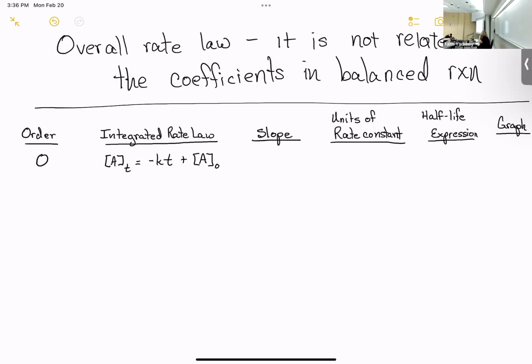This is an equation for a straight line, and therefore the slope is equal to the negative of the rate constant. The rate constant itself will have the unit of molar per second.